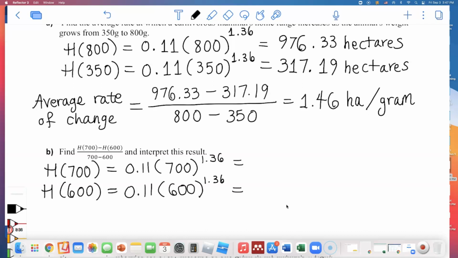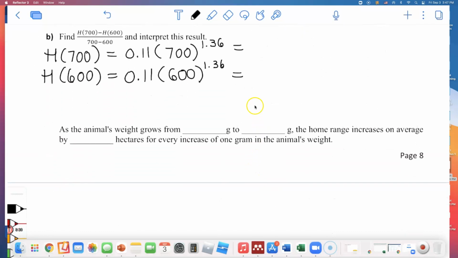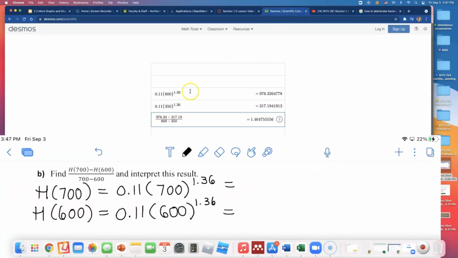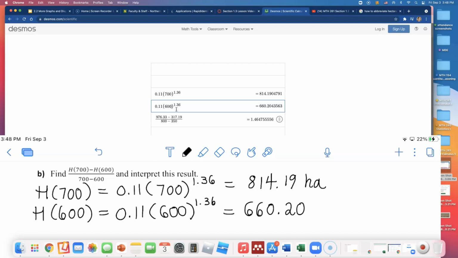All right, what's that going to be? I need my calculator for this. I change it over here, 700, 600. The numbers are 814.19 hectares, and when the animal is only 600 grams, its home range is 660.20 hectares.